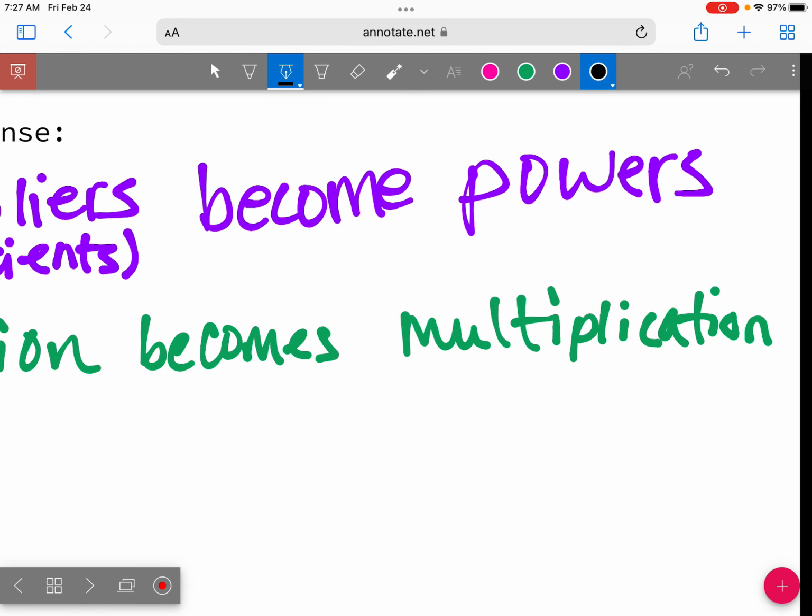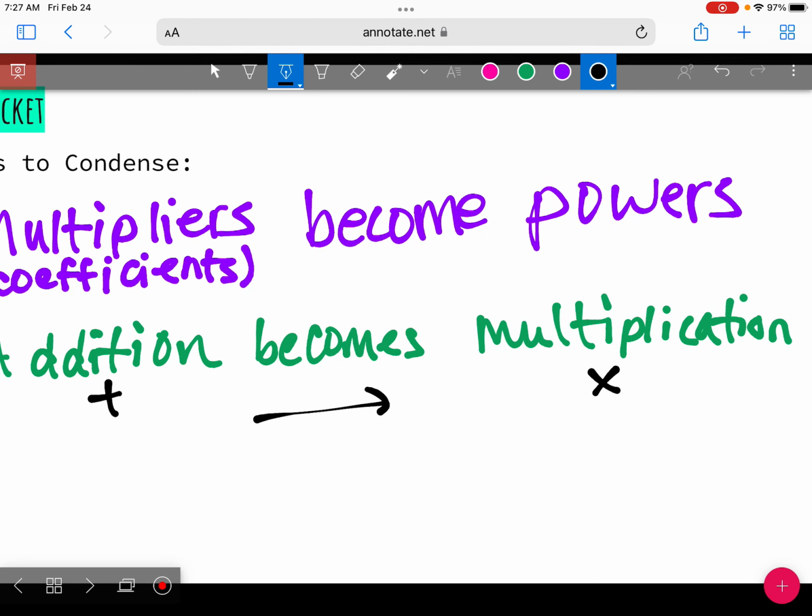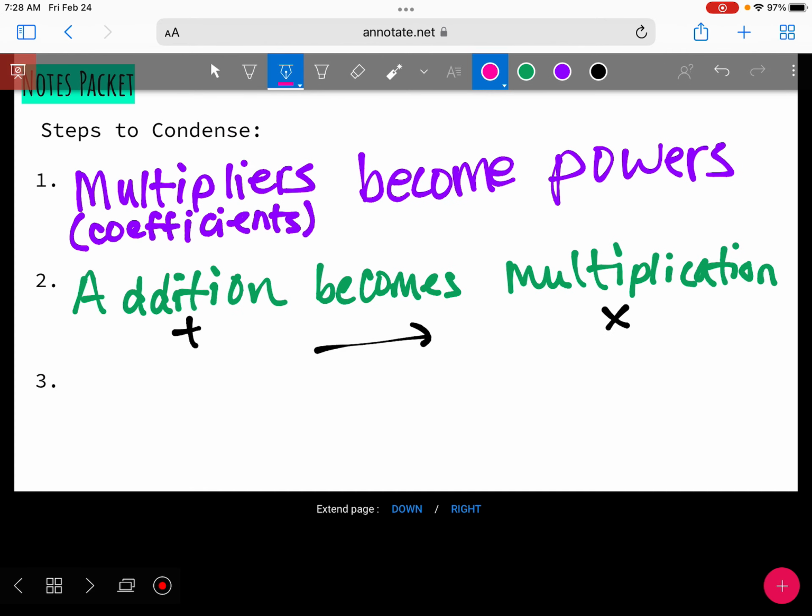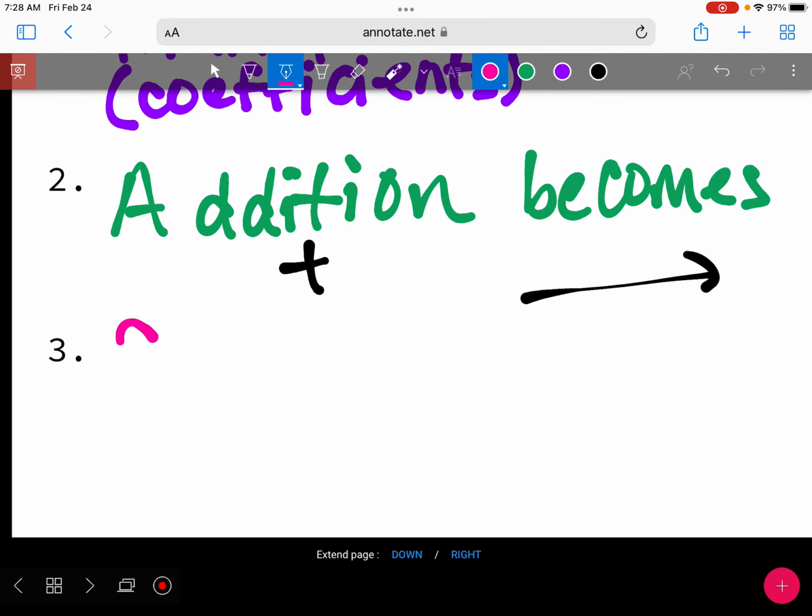Okay. All right. And our last one. It's our last step. Subtraction becomes addition.